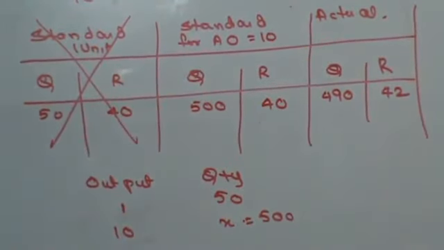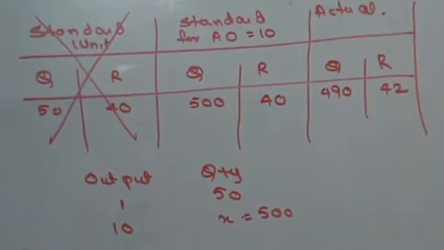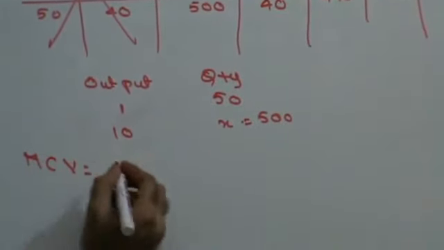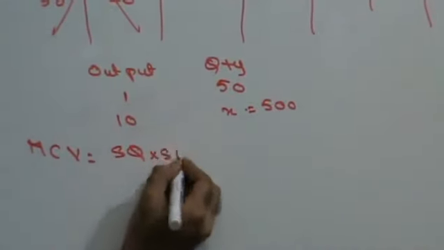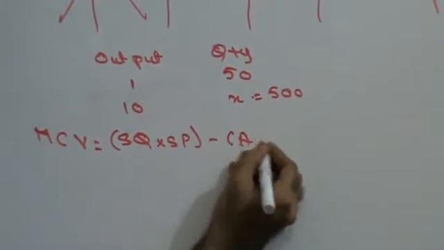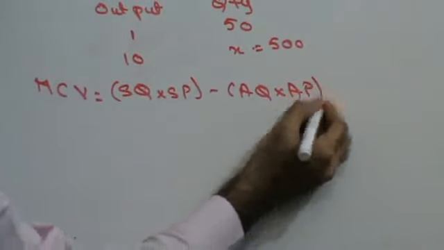You've already done the formulas for material. Use the formulas for material and calculate the 3 variances of material. Right? Just in case if you've forgotten the formulas of material, I'll just write the formulas down. MCV, material cost variance, is nothing but SQ into SP minus AQ into AP. Right?